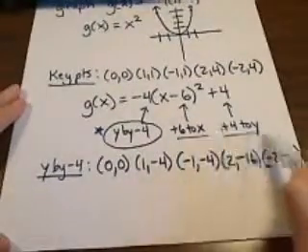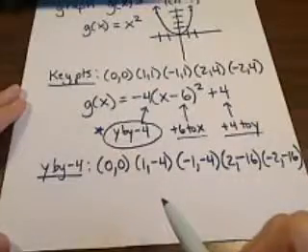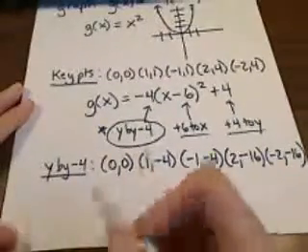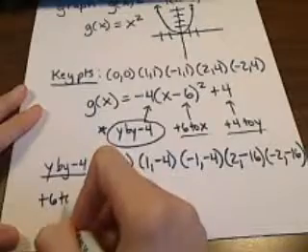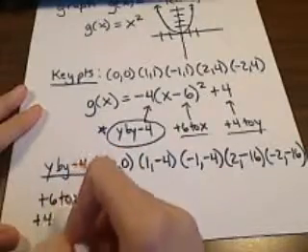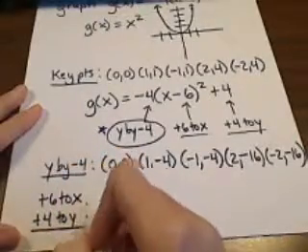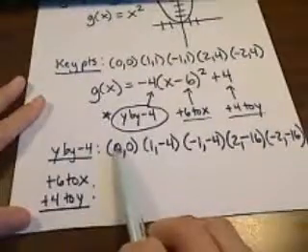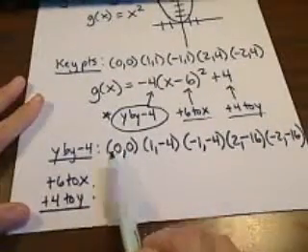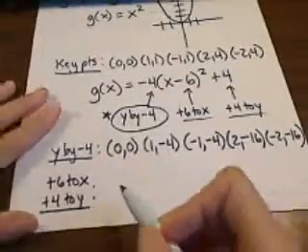All right, next thing I'm going to do is add 6 to the x and add 4 to the y, and I'm going to do that in the same step. So to the x coordinate I'm going to add 6, to the y coordinate I'm going to add 4.